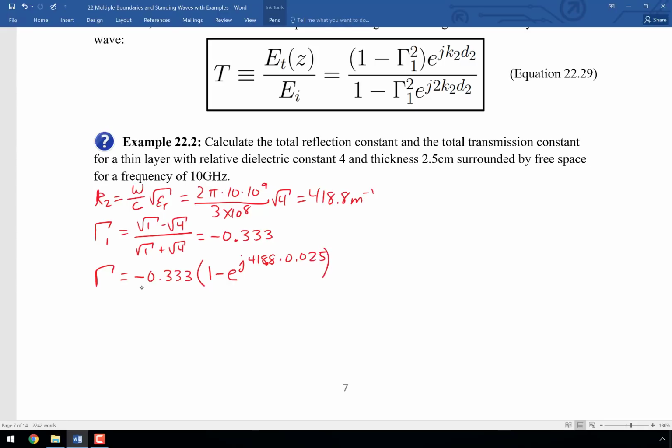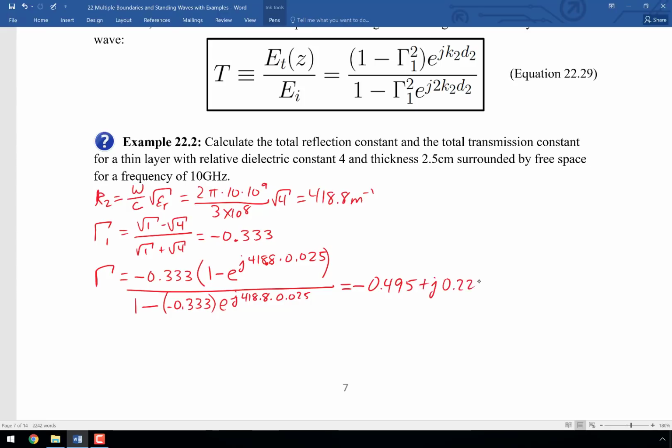And then that's divided by 1 minus negative 0.333 times just the e to the j 418.8 times 0.025. If you plug all of that into your handy complex capable calculator, you get minus 0.495 plus j 0.228.